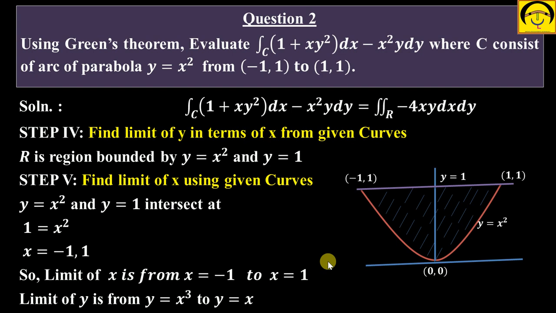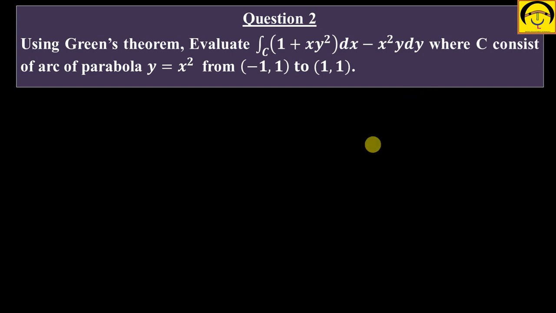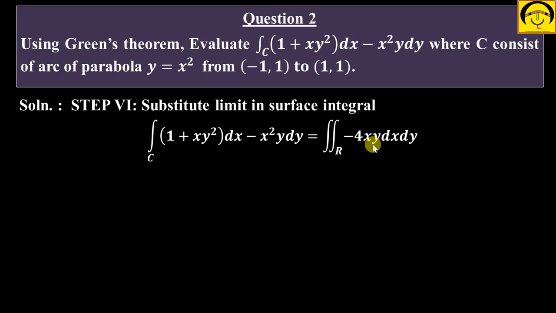After getting these two limits, you just substitute them here. So finally you will have this statement: y varies from x square to 1, x varies from minus 1 to 1, and the integrand is minus 4xy.